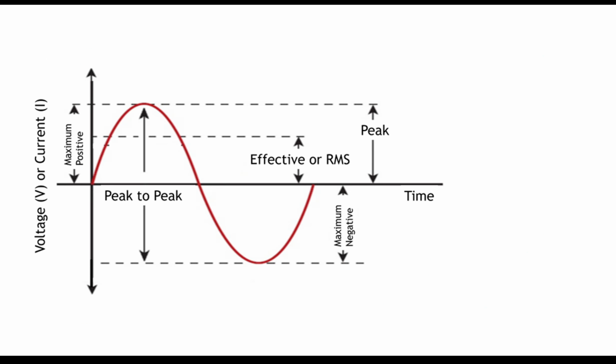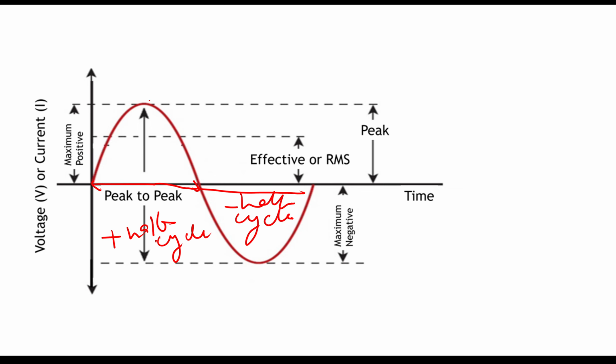Now there are a few more terms. For example, this is a signal, and from here to here is the positive half cycle, or half signal. And from here to here is the negative half cycle.